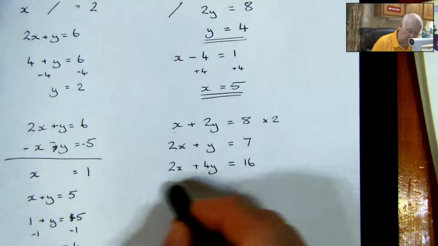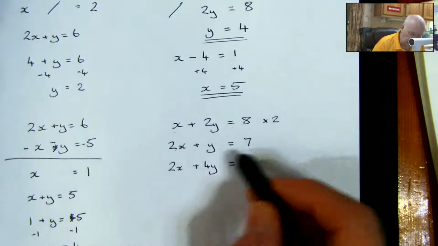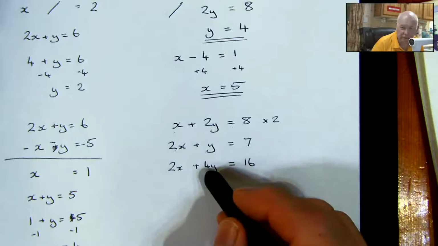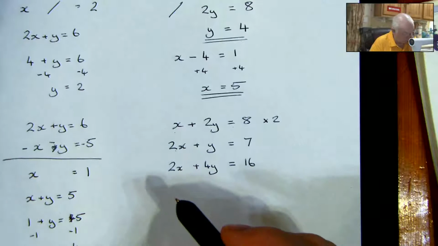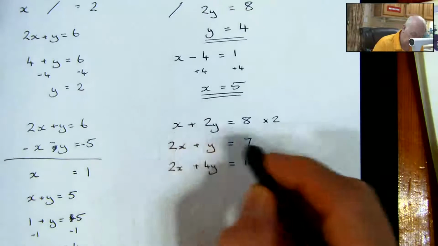I now want to eliminate them, and to eliminate them, I've got to make one of these negative. And it's going to be easier for this sum if we make this one negative.